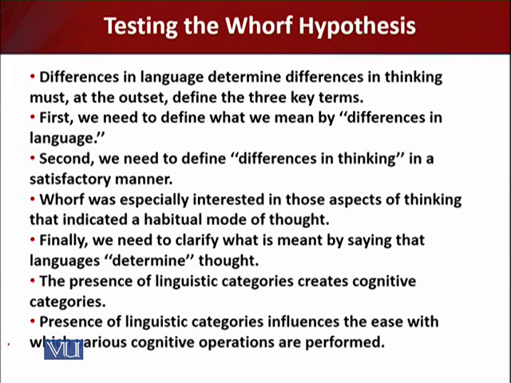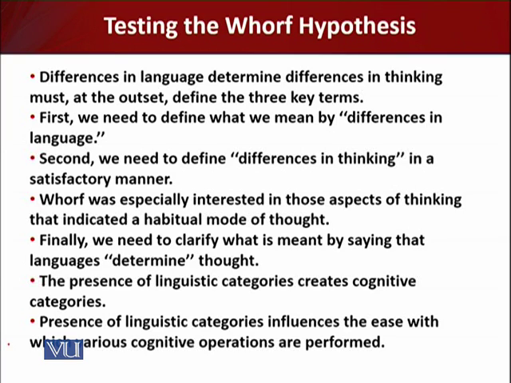Then we have the third point, which says that languages determine thought. The linguistic determinism hypothesis can be interpreted in at least two different ways. One is the strong version, that language determines cognition: the presence of linguistic categories creates cognitive categories.